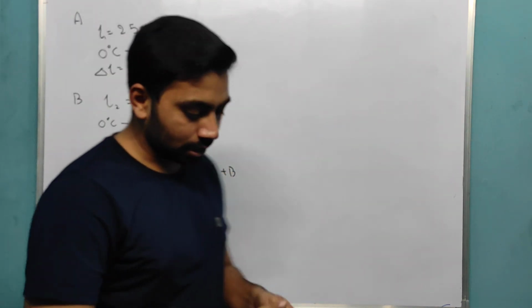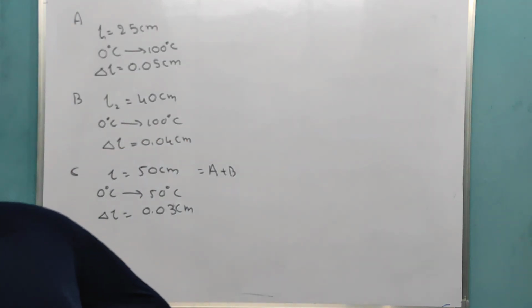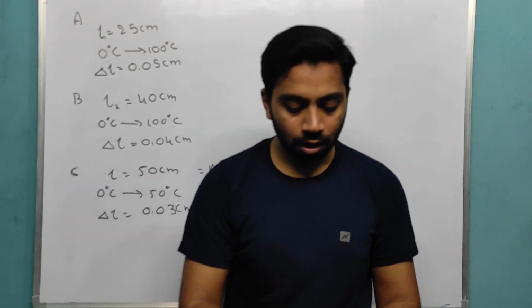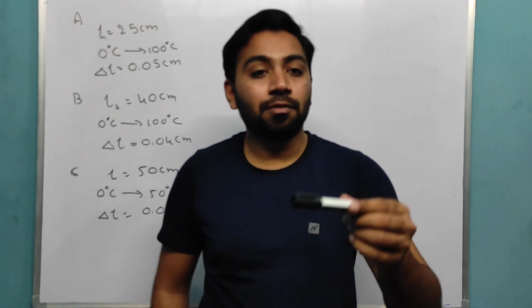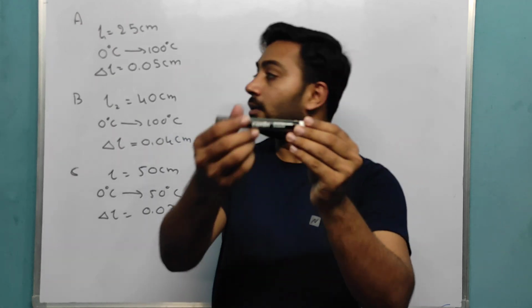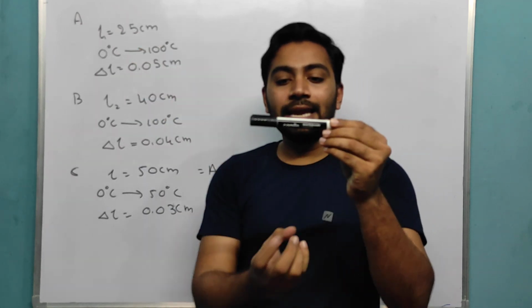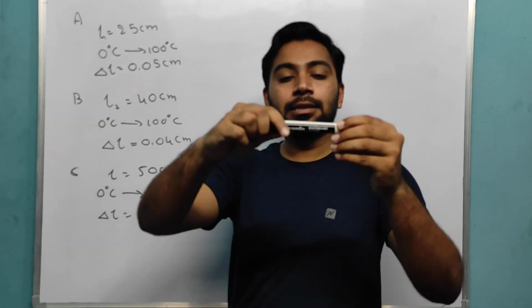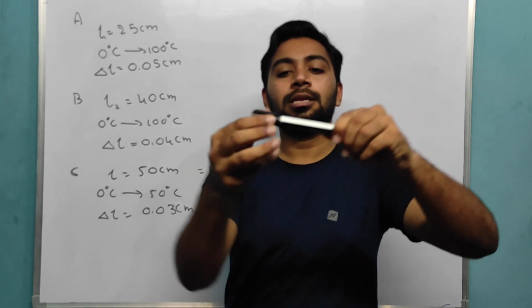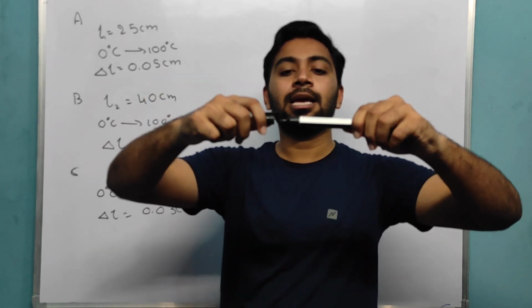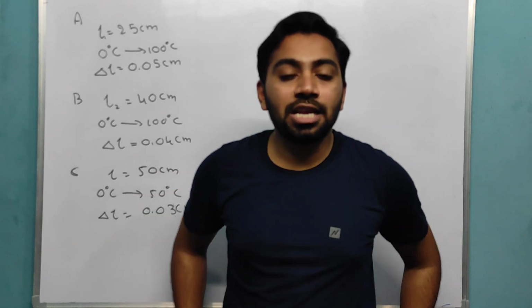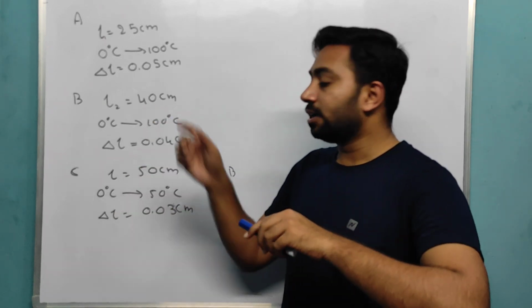So what is this here now? See, if I take two markers for your explanation, this is metal 1, metal 2. If there is one small metal 1 whose length is 25, when I heat this from 0 to 100 degree, its length increases. Now there is one more metal whose length is 40 centimeter.